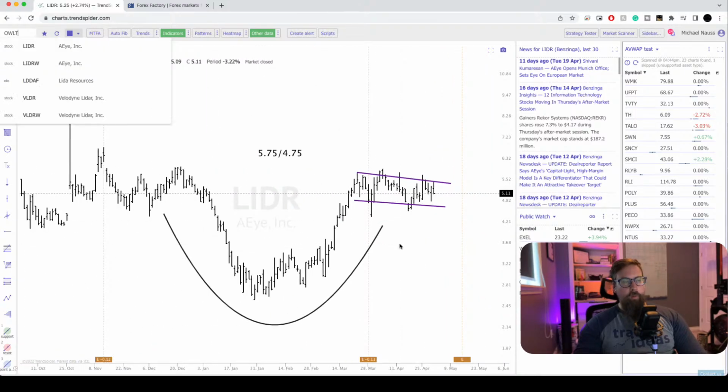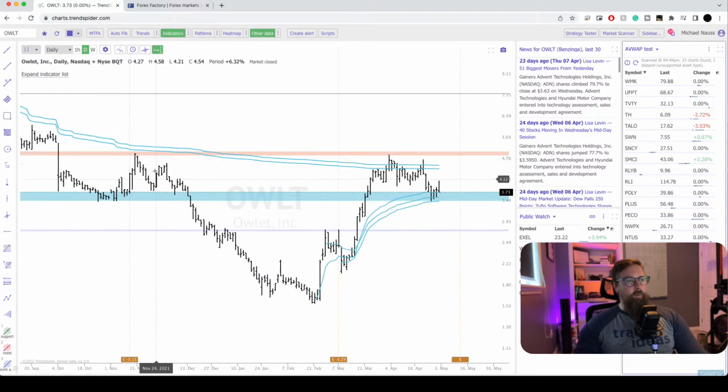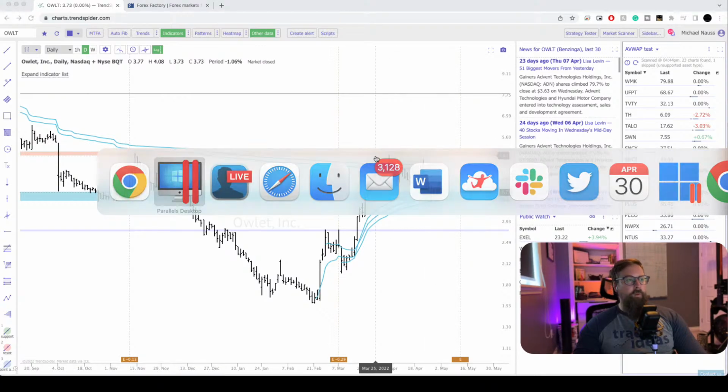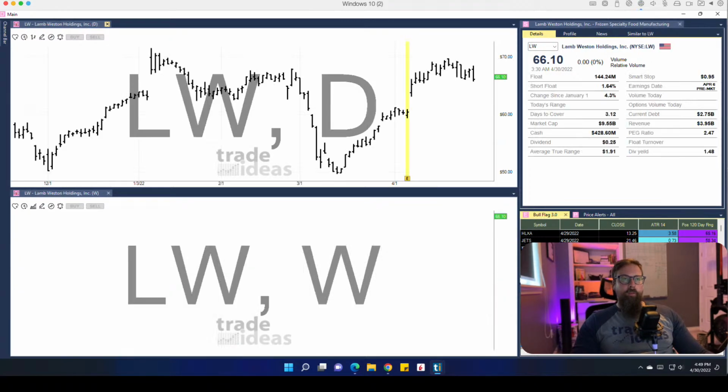Oh, another one that was interesting that also had earnings is this outlet. Someone in the room was asking about this, and yeah, this is a decent looking cup and handle here as well, right? Big cup right here, and then it's just been chopping sideways, putting in the handle. But it's the same kind of thing. You've got earnings in a few days, so that is going to be the dilemma of most things going forward.